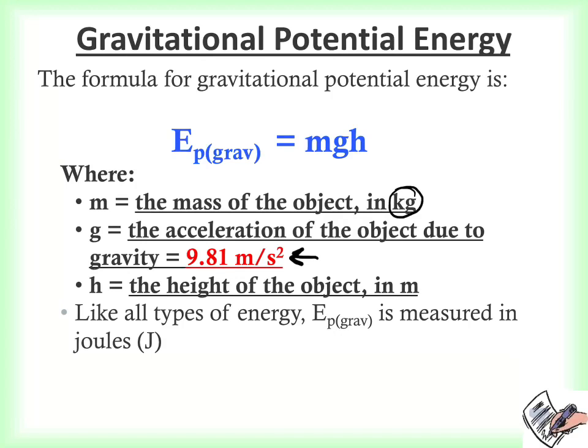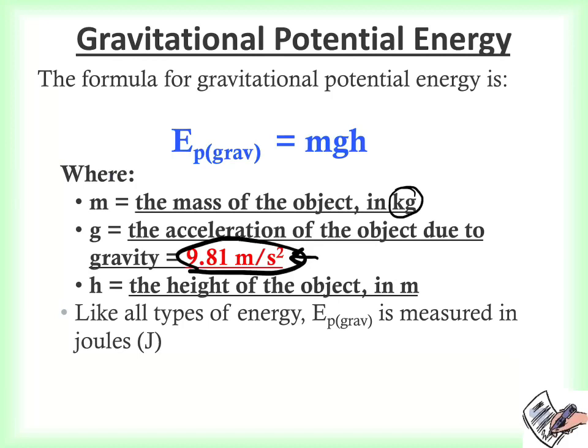And of course, it's maybe a teensy bit different whether you're at sea level versus up on a mountain, but not enough to really take it into account. So we just use 9.81 all the time. So that's a constant. That's never going to change. G always has to be 9.81, okay? That is on your data sheet, under constants, you will see it there.